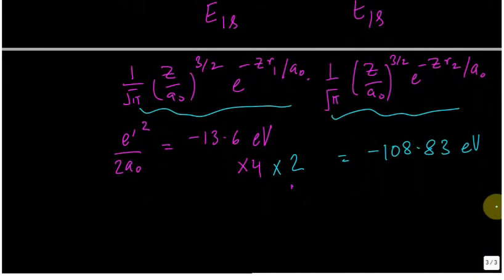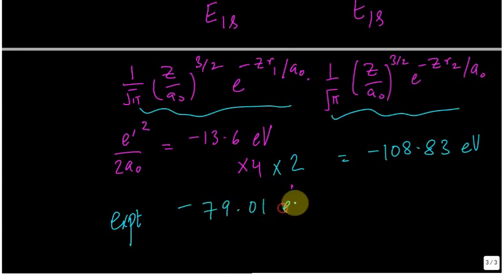The experimental value for helium is minus 79.01 electron volts. Actually, the experiment only gives the first ionization energy of helium, which is the energy required for the electron to go from helium to the continuum, to outer space, to vacuum.